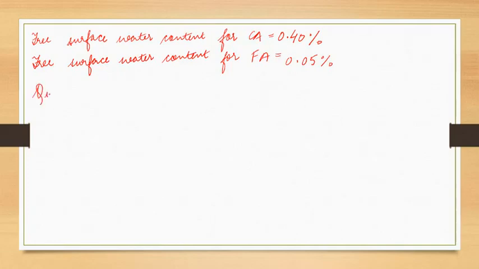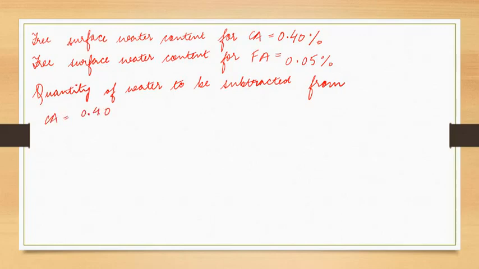So quantity of water to be subtracted from coarse aggregate is equal to 0.4 by 100 into 247, which is equal to 0.99. For fine aggregate, 0.05 by 100 into 82 is equal to 0.04.